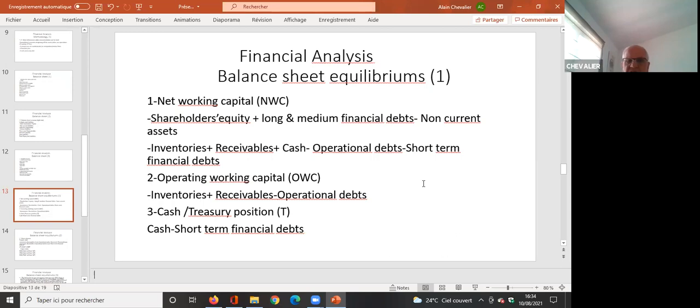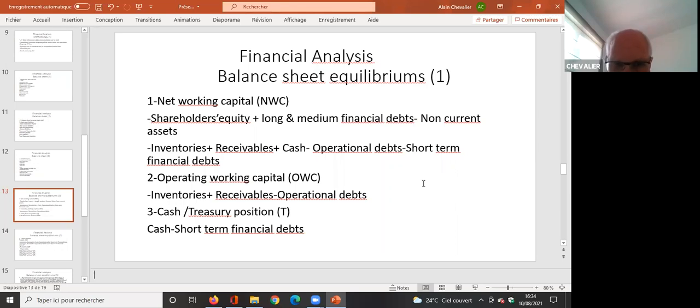You understand also that this net working capital, just because the total of the asset side is equal to the total of the shareholders and liability side, can be calculated another way.